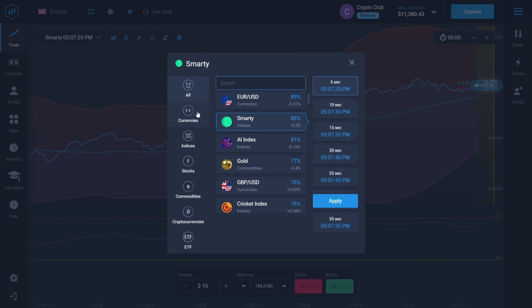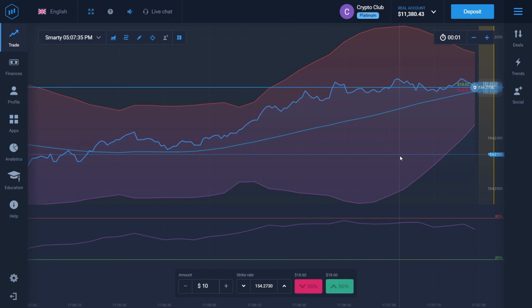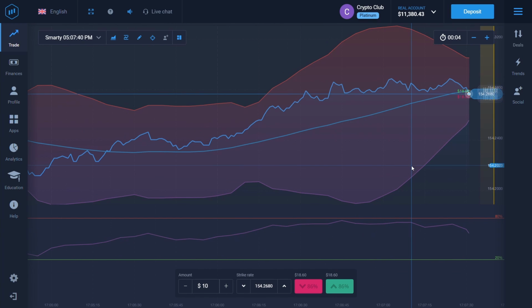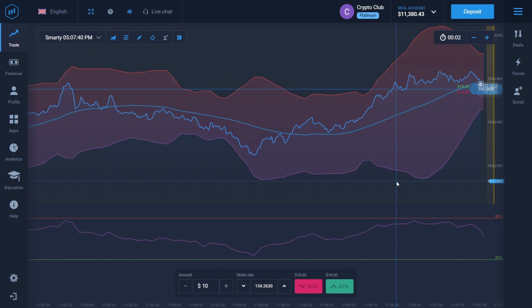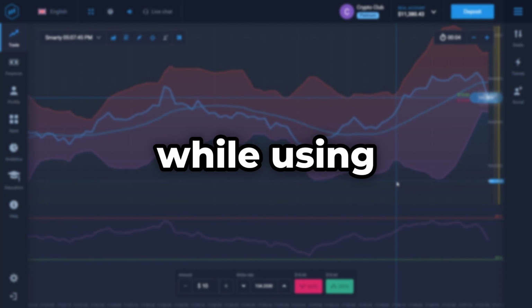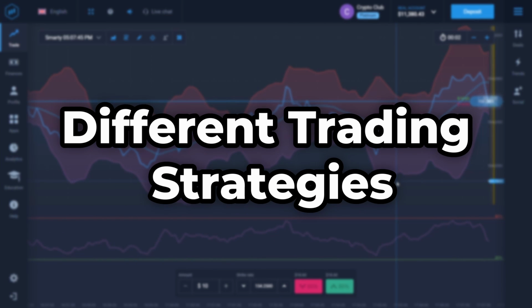Another reason to trade in these trending markets is the market volatility. If I were to select one of these markets, we can see the market line is very volatile, constantly hitting the top and bottom peaks of the RSI indicator. These markets are very important while using different trading strategies.